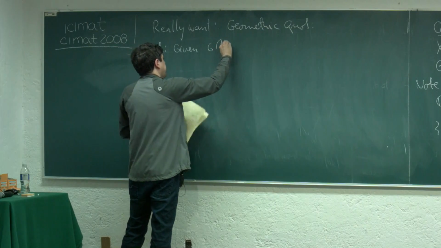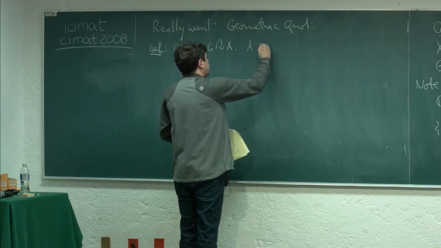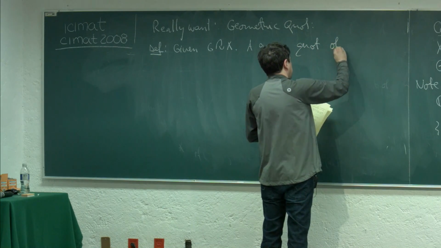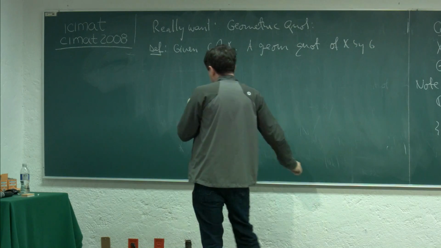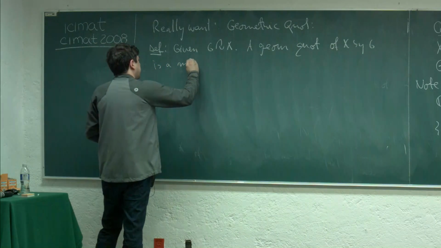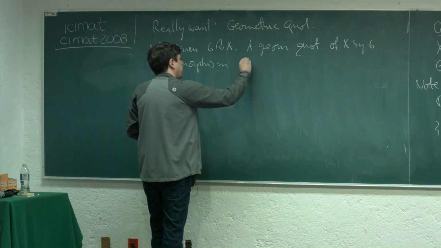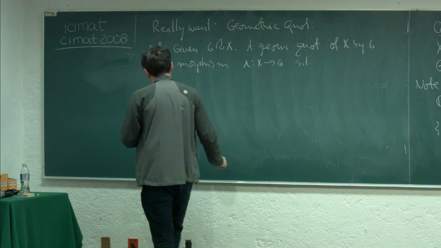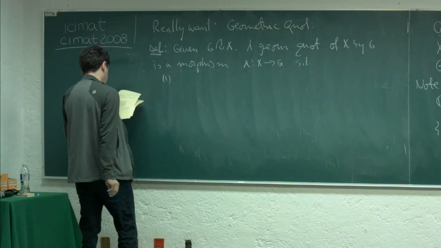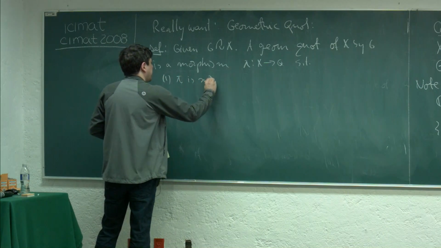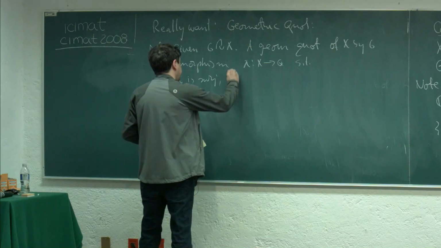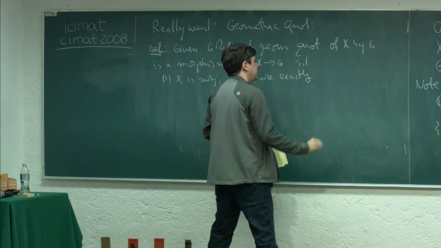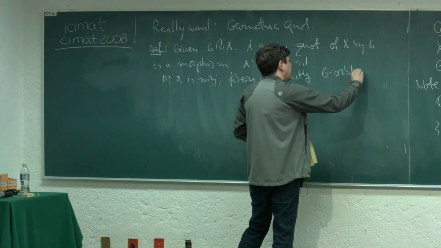Given G acting on X, a geometric quotient of X by G is a morphism pi from X into Q such that I have the following properties. 1, pi is surjective and the fibers are exactly the G orbits.